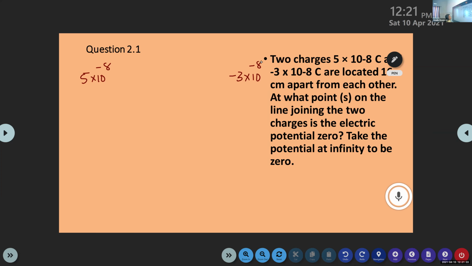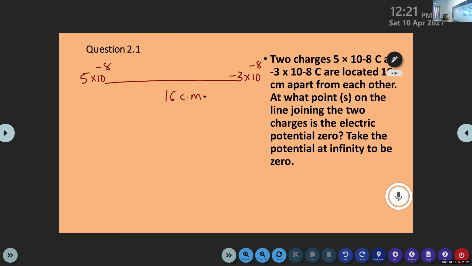They are separated by a distance of 16 centimeter. So the total distance of separation between them is 16 centimeter. At what point on the line joining the two charges is the electric potential 0?